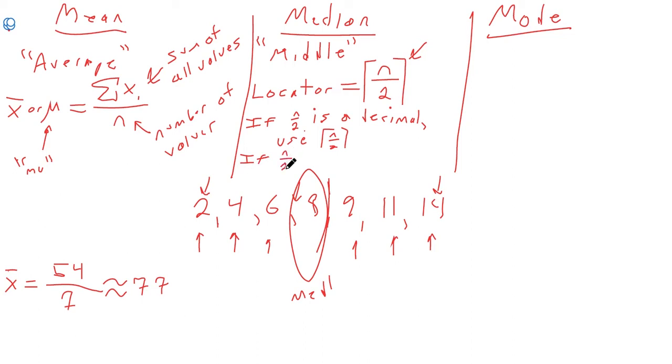If n divided by 2 is a whole number, what you'll do is take an average of both n divided by 2 and the one above it.